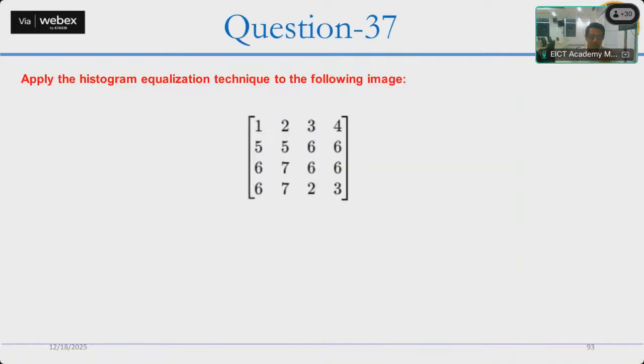But we have seen that with a hands-on session, you actually imbibe and absorb the learning. So this is the question for you to do as your assignment. This is today's assignment. Apply the histogram equalization technique to the following image.